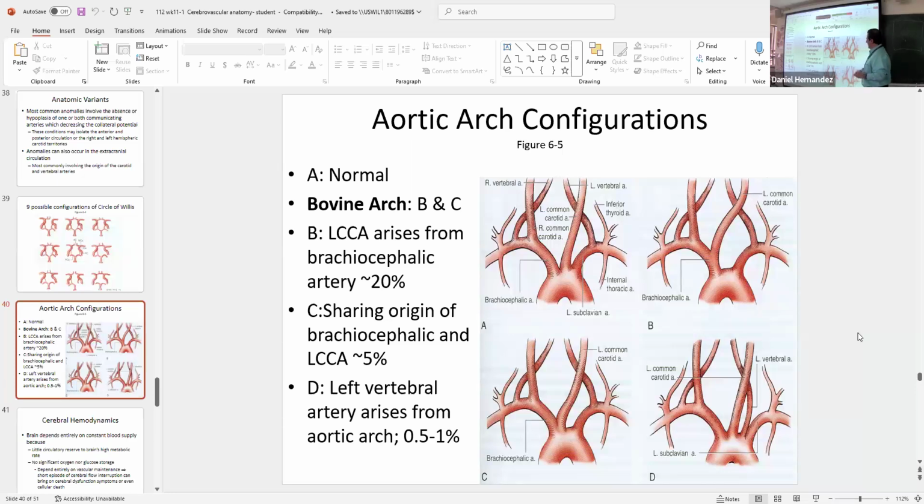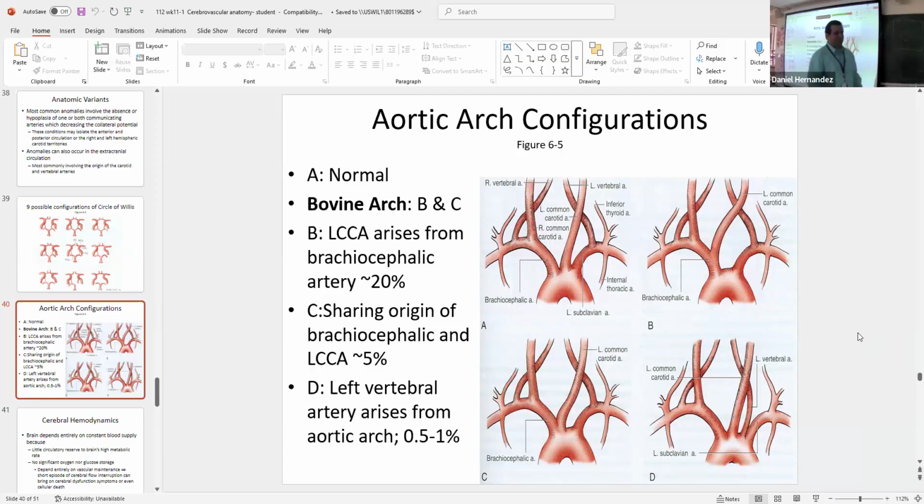So bovine arch refers to that left common carotid artery coming off of the brachiocephalic or innominate. So that left common carotid artery doesn't have its own origin off the arch. It either comes off the brachiocephalic here, or it kind of shares a common stalk or common base.